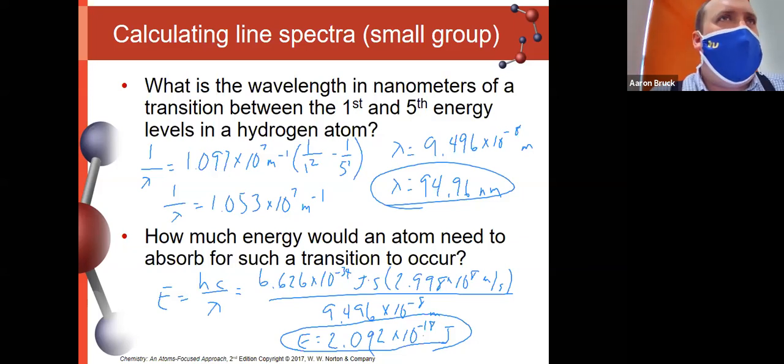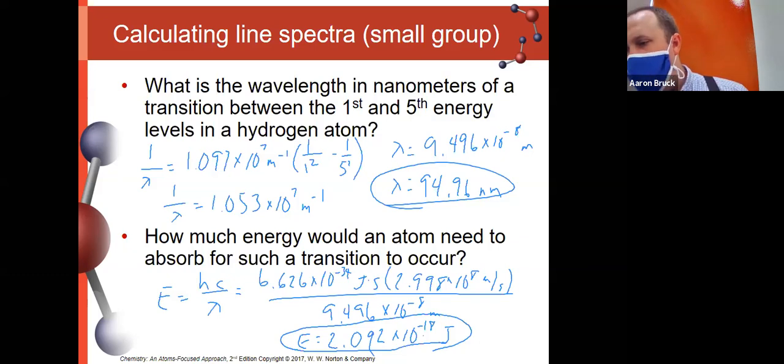Now we need to kind of ramp it up a notch here and start using the two concepts together to explain why those atomic spectra appear the way that they do. All right, any questions about this example problem?